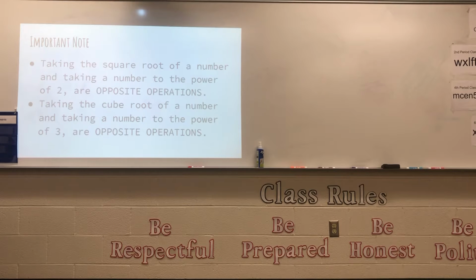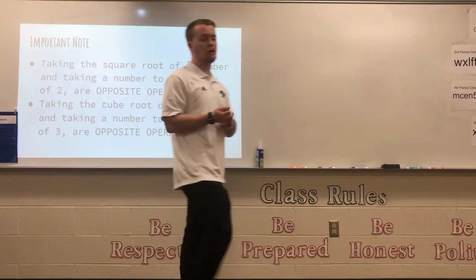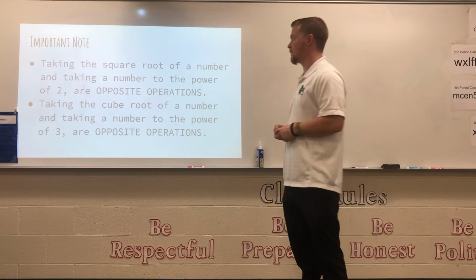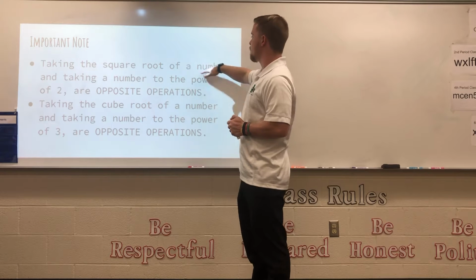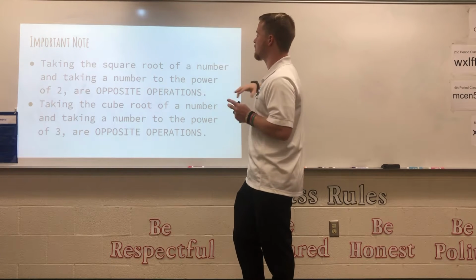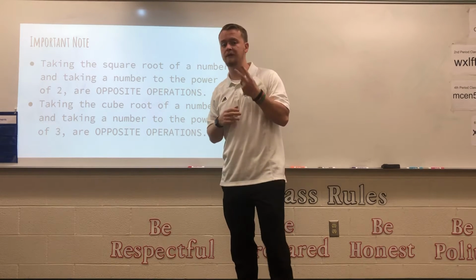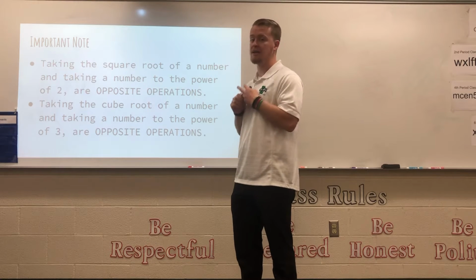One important note that you need to understand, because this will help you as you solve equations later on in this slide. It says, taking the square root of a number and taking a number to the second power, or the power of 2, are opposite operations.